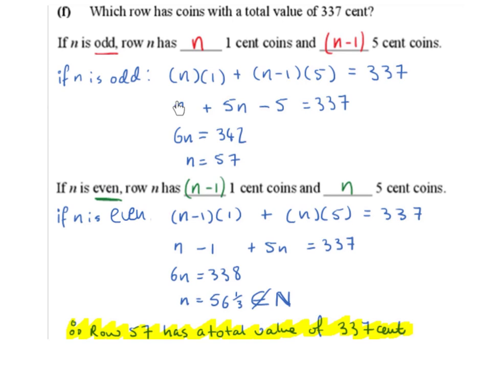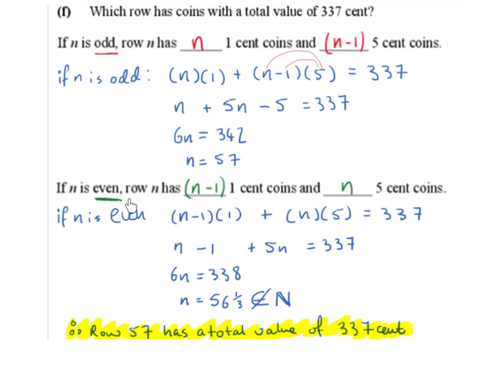So n multiplied by 1 is n, n by 5 is 5n, n by minus 1 is minus 5, equal to 337. n plus 5n is 6n, and if we bring the minus 5 over the equal sign, we get 337 plus 5, which is 342. And then we divide across by 6. 342 divided by 6 is 57, so n is equal to 57.